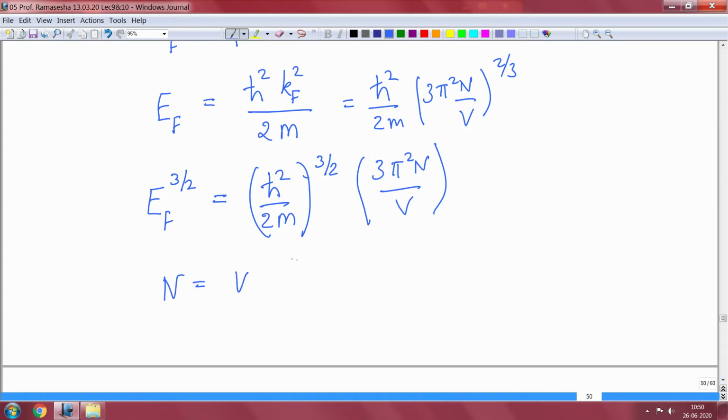V times 2m by h cross squared to the power minus 3 by 2 times 3 pi squared times Ef to the power 3 by 2.